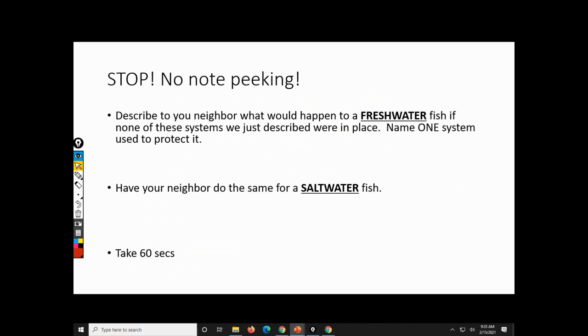So picking either a freshwater or a saltwater fish, what I want you to do is think about our issues with osmoregulation. So if I chose fresh water, draw me a fish, and draw me the scenarios that we started with on Friday.